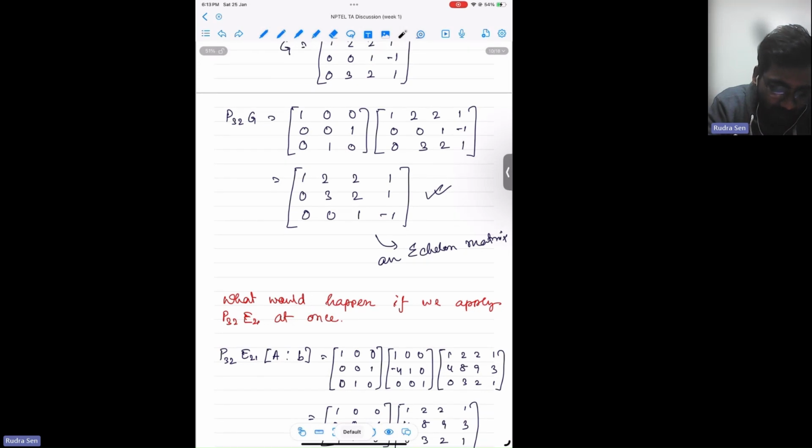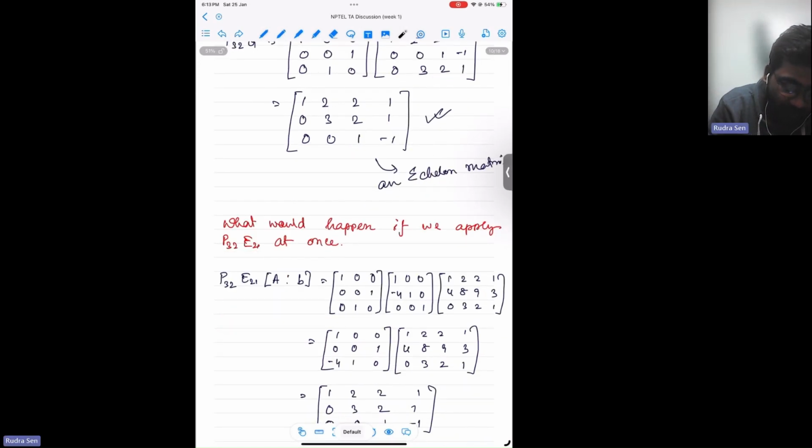So what would happen if we apply P32 and E21 at once? Here you can see P32 E21 A B. I am doing it at once, not one after another. So what does it mean?